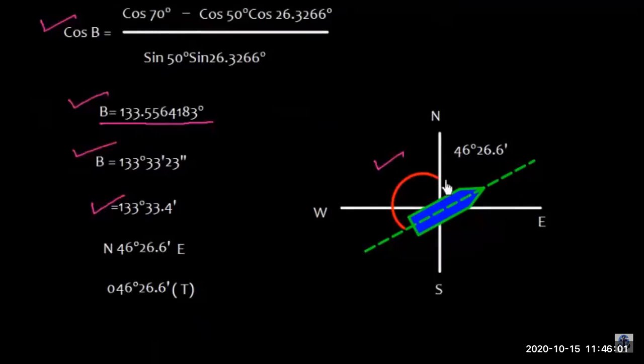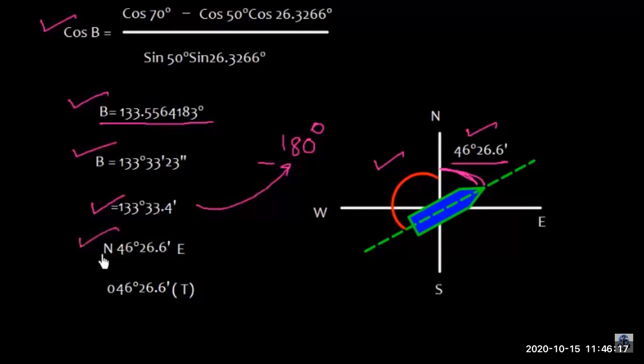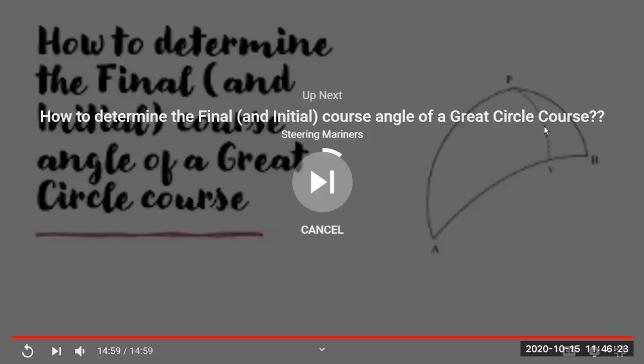So if you subtract 180 from this angle, you will get this angle, 46 degrees 26.60 minutes. So you can put 046 degrees 26.6 minutes.